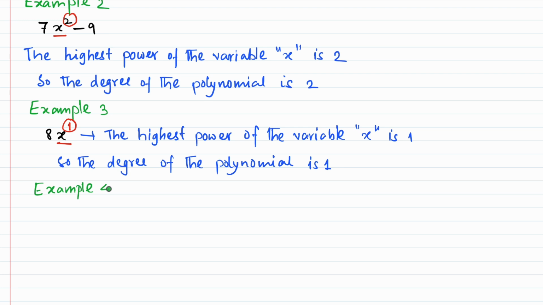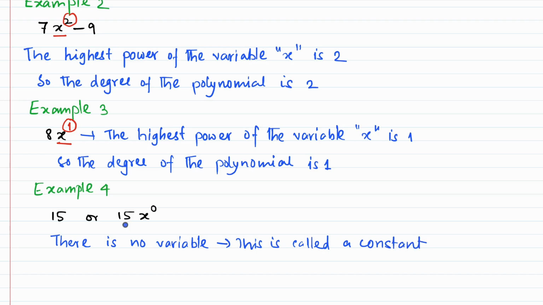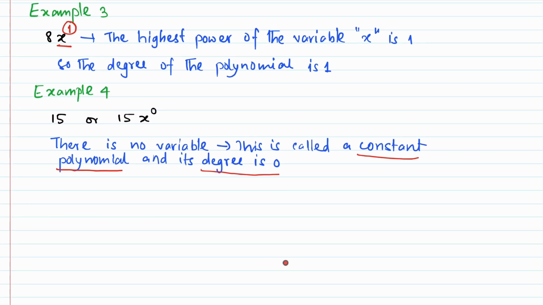Now example 4: a constant value 15. 15 can be written as 15 into x to the power 0. There is no variable attached to this constant value. This is called a constant polynomial, and its degree is 0.